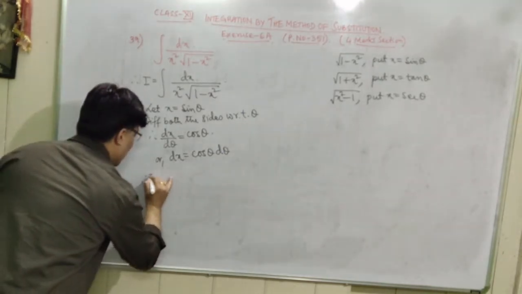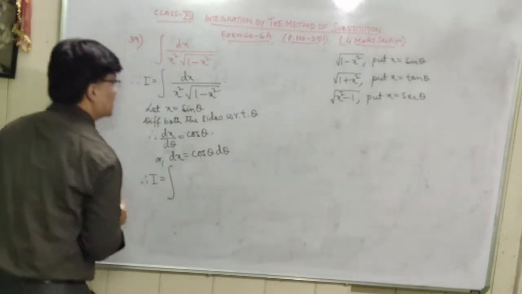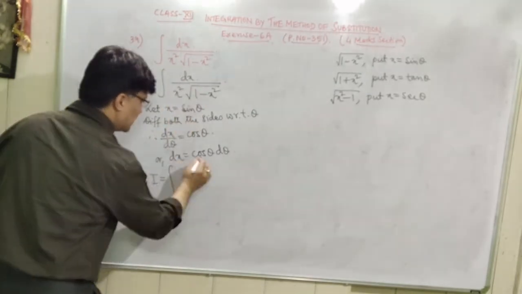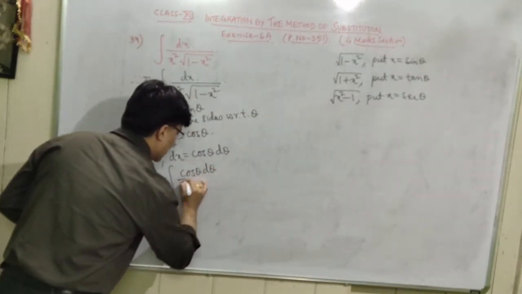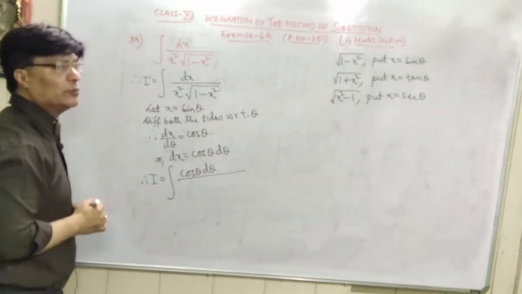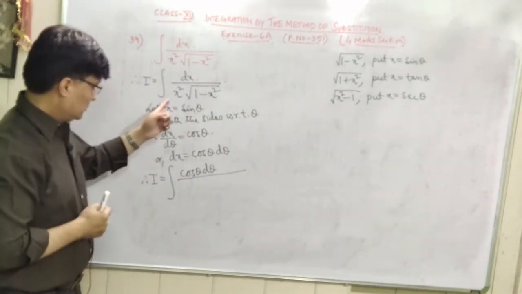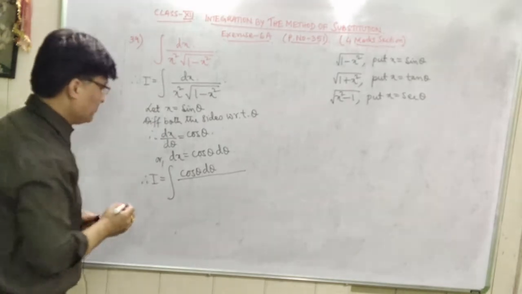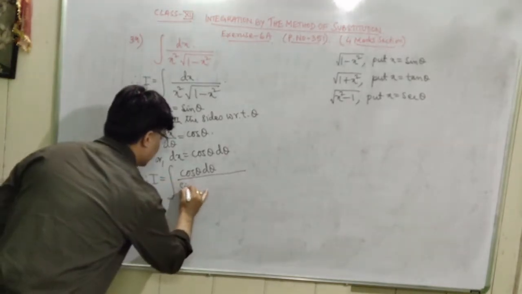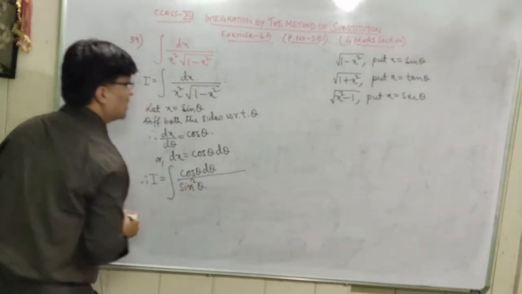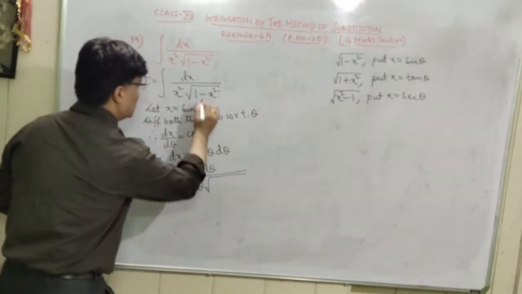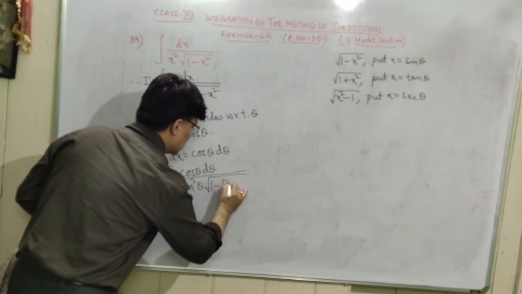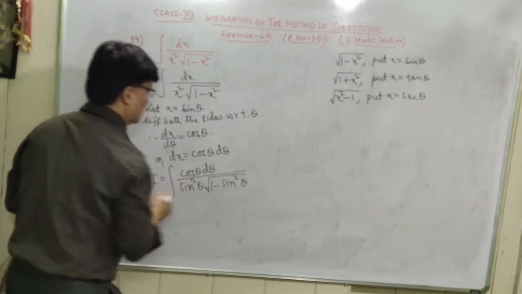So therefore I is equal to integration of, what is the value for dx? It is cos theta d theta divided by, in the denominator, what is x square? It is sine square theta, into, now within square root it is 1 minus sine square theta.